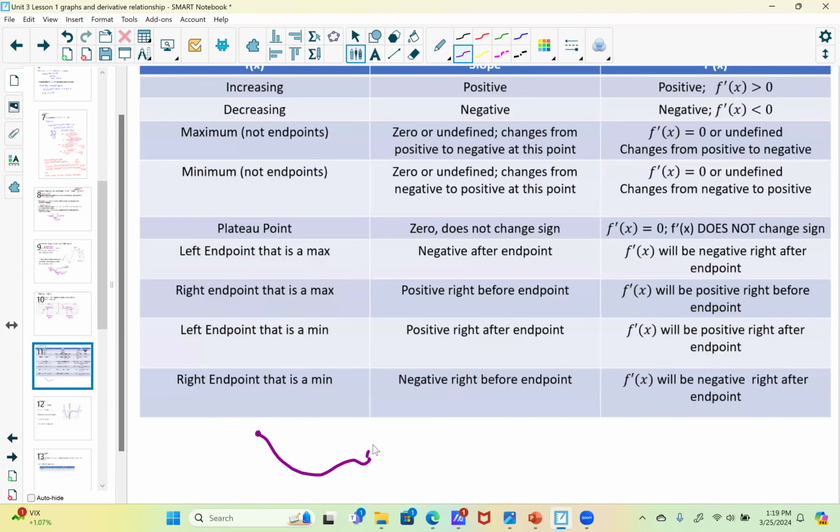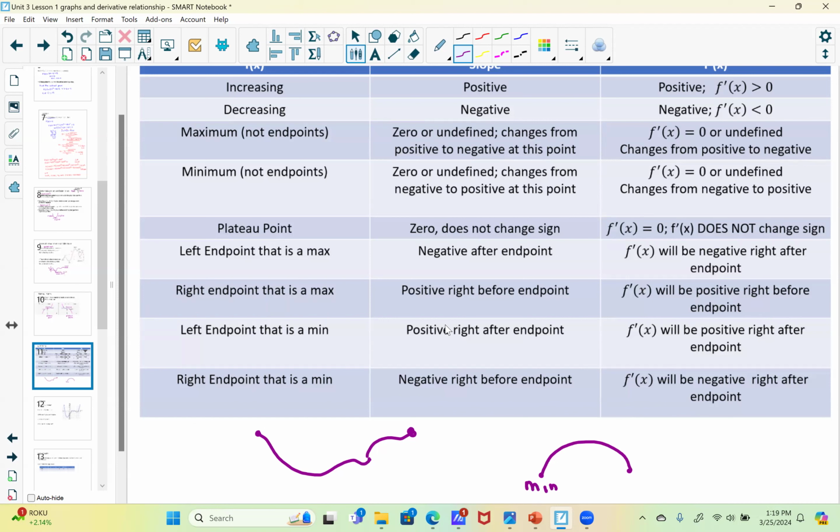So if I have a right endpoint that's a max, so here's a right endpoint that's a max, I can see my function is increasing, which means the slope is positive right before that endpoint. So the derivative will be positive. If I have a min on the left here, right after it, my function is increasing.